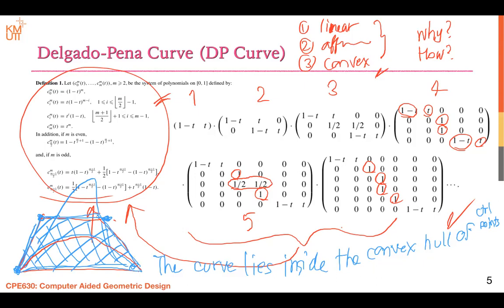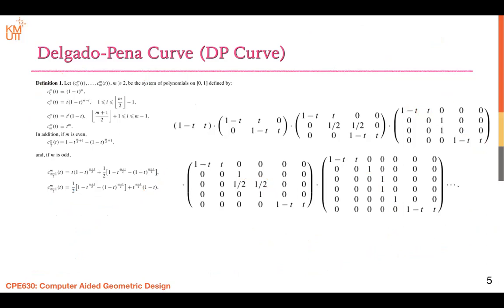So how can we check whether the Delgado-Pena curve is a convex combination or not? First of all, you write a program to show all the DP polynomials.